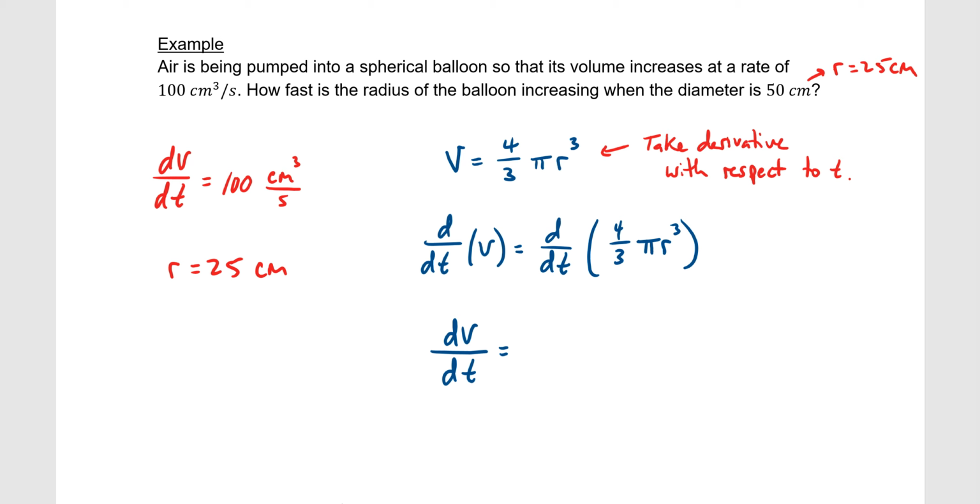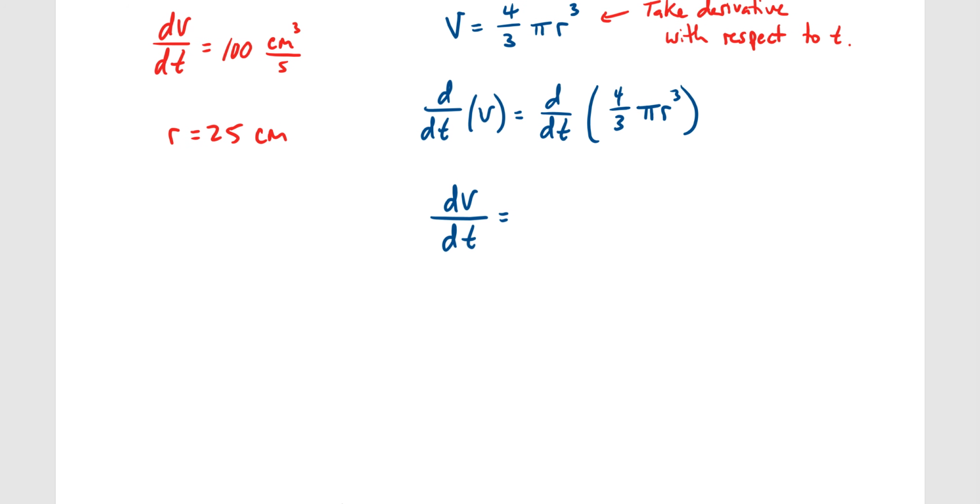And now we need the derivative of the right-hand side. It might look a little confusing, but we should know that 4/3 pi is just a constant. So all we actually have to do is the derivative of r cubed with respect to t. That's going to be chain rule, which is power rule for the derivative of the outer function.